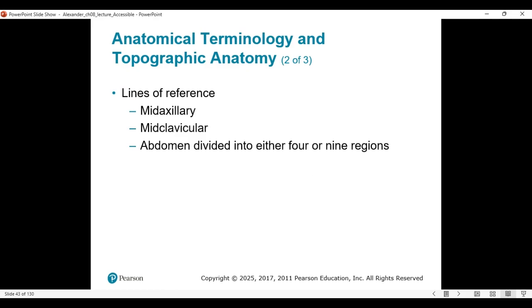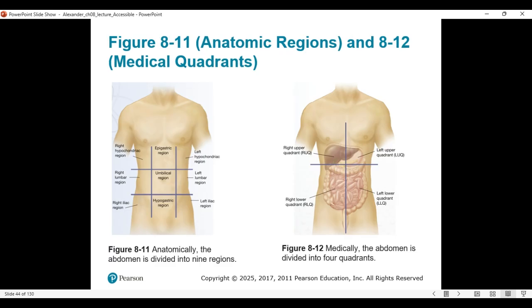Your abdomen is divided into either 4 or 9 regions. Anatomically it's 9, and for medical purposes, it's 4: right upper, left upper, right lower, and left lower quadrants.